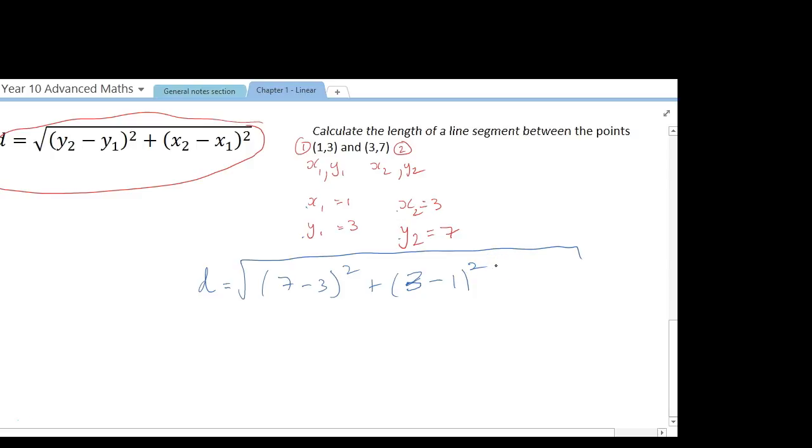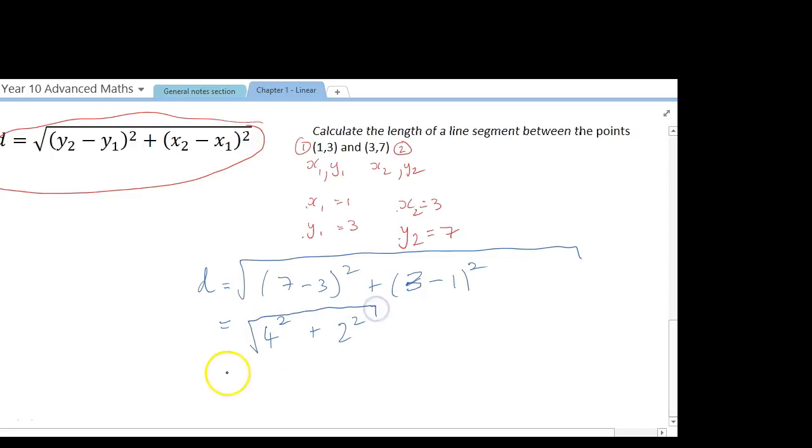All that gets square rooted. There's about 3 different steps you need to do. You go in order of your BODMAS rules, order of operations, so brackets, powers, and then all of it gets square rooted. So 7 minus 3 is 4. That gets squared, and we're going to add 3 minus 1, which is 2, and that gets squared too.